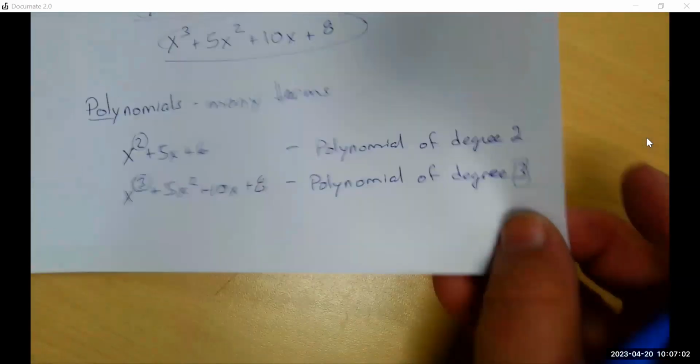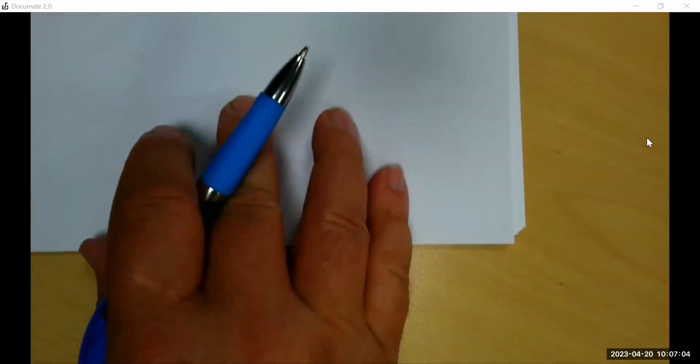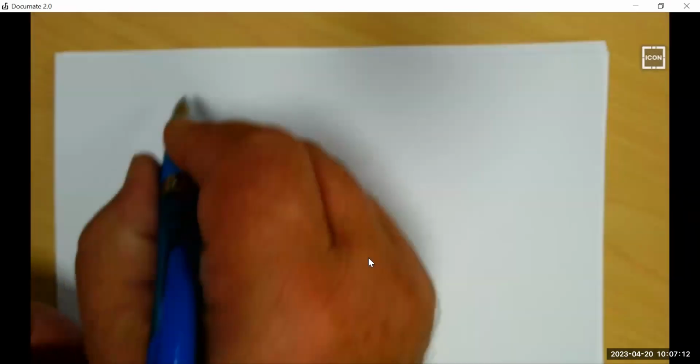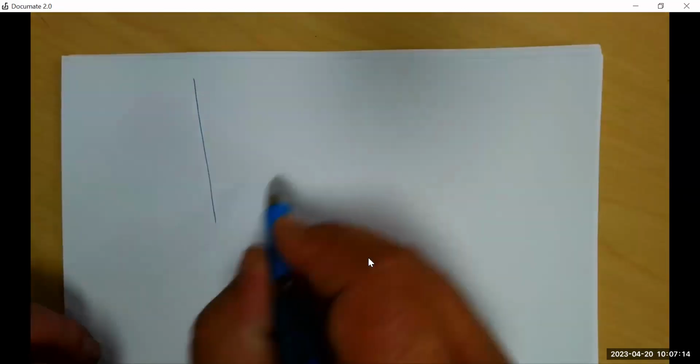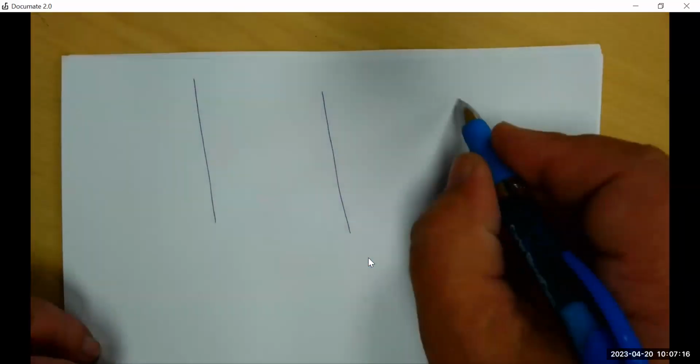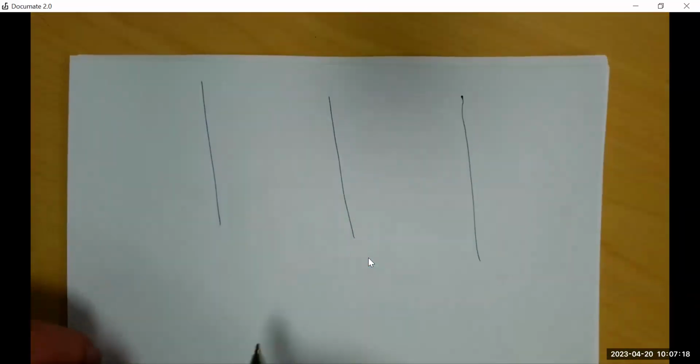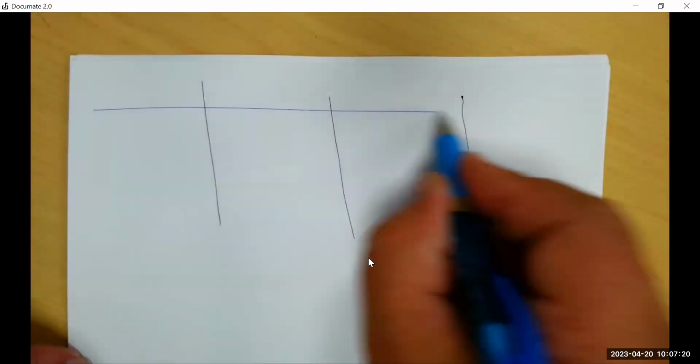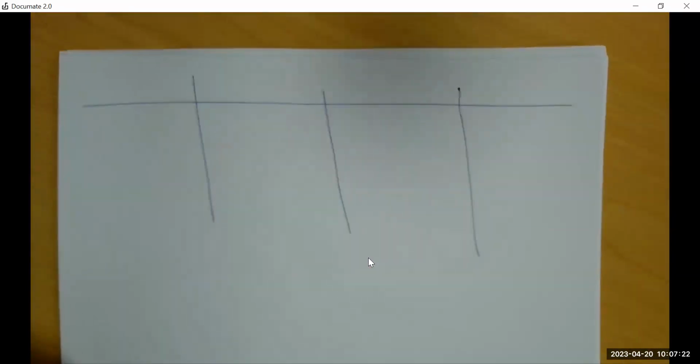Now, here's where you get to practice doing your multiplication. Let's do on your paper, get 4 columns.